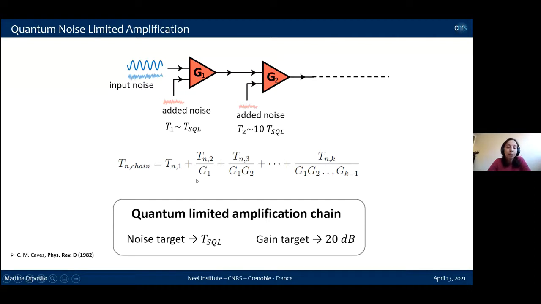So this is a very important point, because this is the motivation that brings us to develop noise quantum limited amplifiers with the following targets. For the noise target, we want to reach the standard quantum limit, and as gain target, we want to reach typically 20 dB, which is the typical gain you need to be in this approximation.